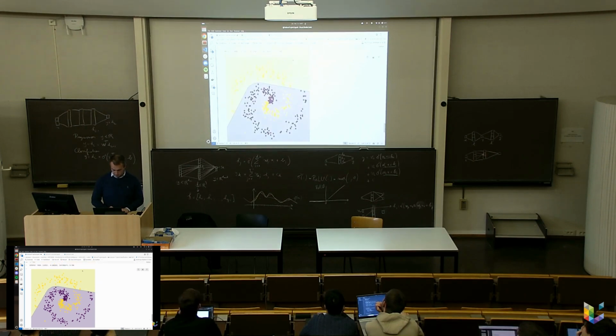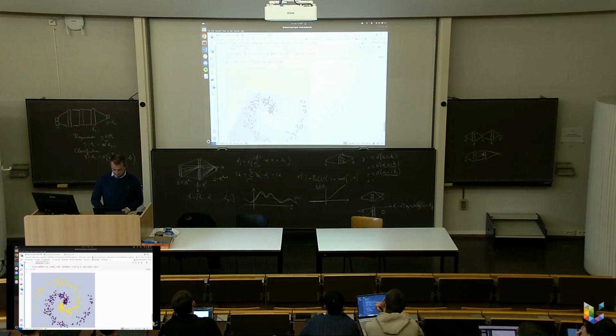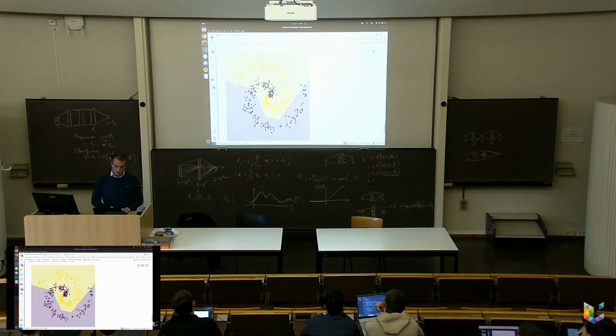This one didn't work as well, maybe because we have too few. But clearly you see these linear segments appearing in the decision boundary.